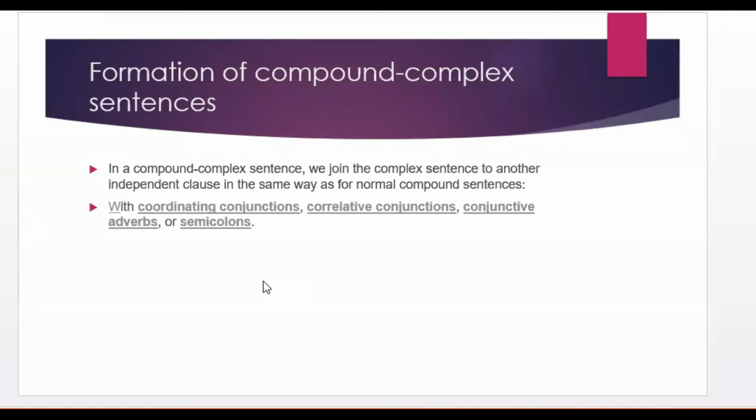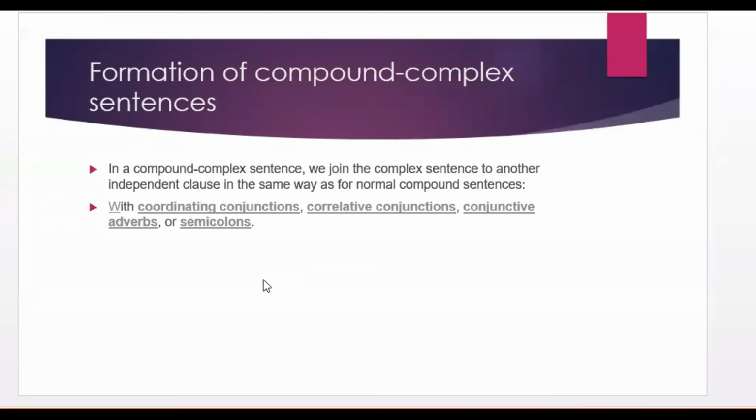So let's go over this again. A compound complex sentence is joined or formed by taking a complex sentence and adding an independent clause to it. It's the same way when you put things together. If I'm going to take two pieces of paper and I want to join them, I need to use something to bind them together, right? So I can use paste or I can use Scotch tape.